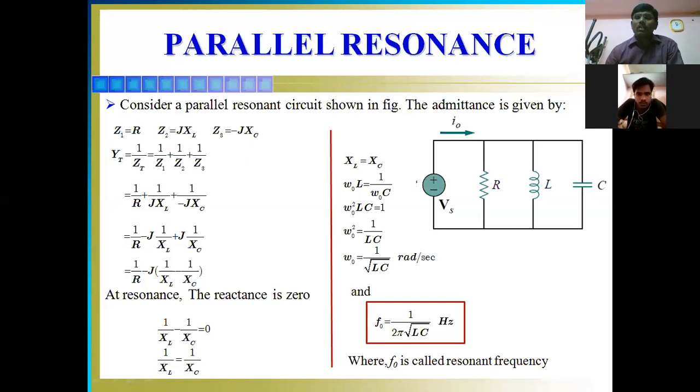The inductor stores energy and discharges it back to the capacitor, and the capacitor stores energy and discharges it back to the inductor. So there is back-to-back energy storage and discharge between inductor and capacitor. Therefore, the circuit is called a tank circuit.